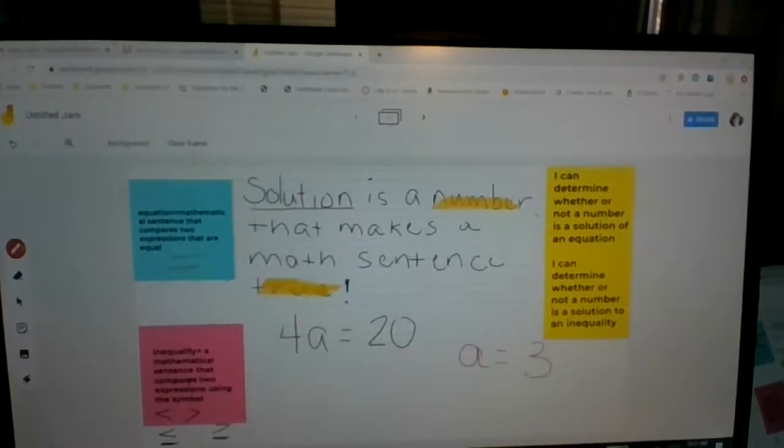Now I'm going to substitute that 3 for A. Now I have 4 times 3 is equal to 20? Let's decide that now. If I take 4 times 3, I get 12. Is 12 equal to 20? The answer is no, 12 is not equal to 20. So it is not a solution.